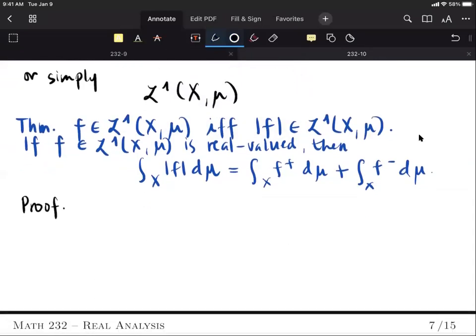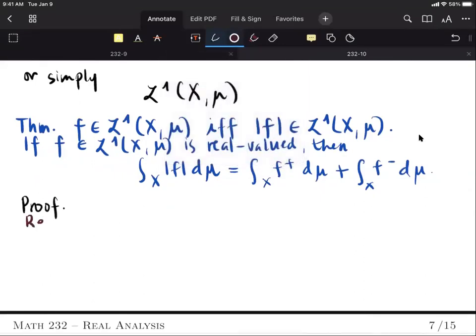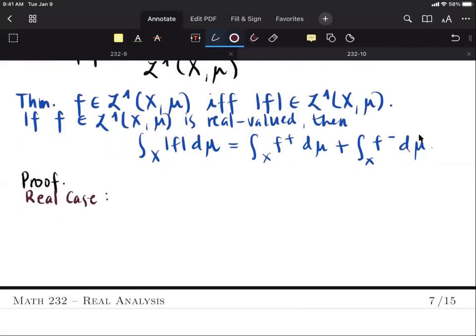Okay, so to prove this theorem, again, we need to distinguish two cases, the real case and the complex case. For the real case, we only need to apply the following inequalities.